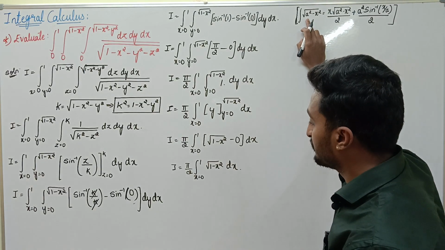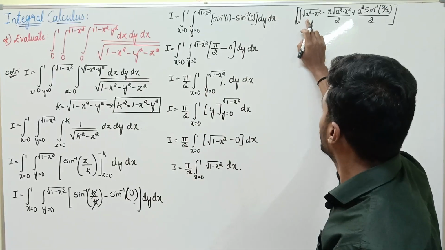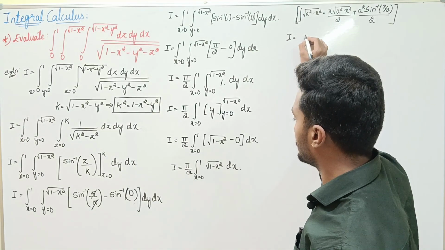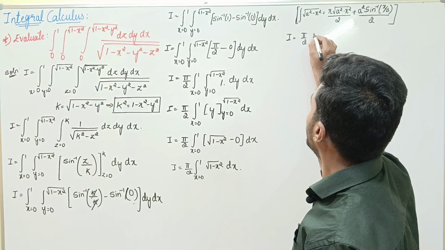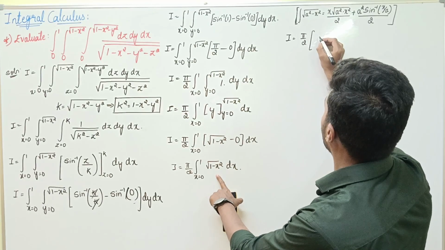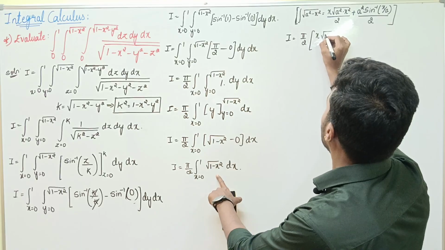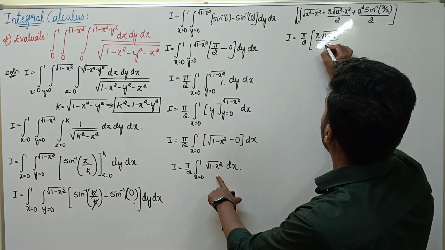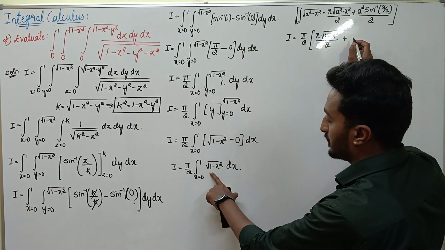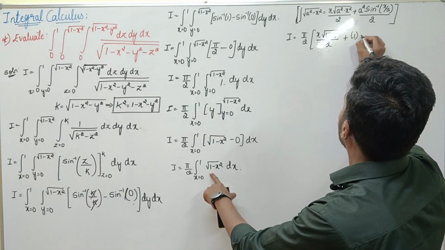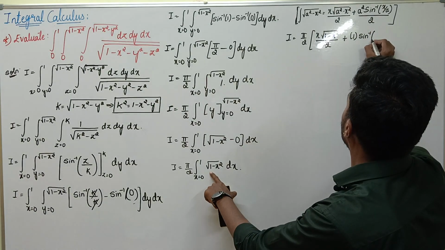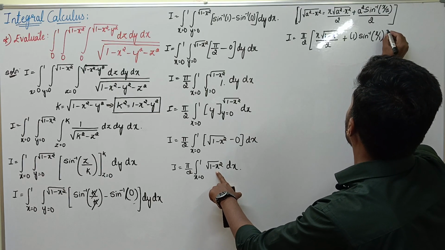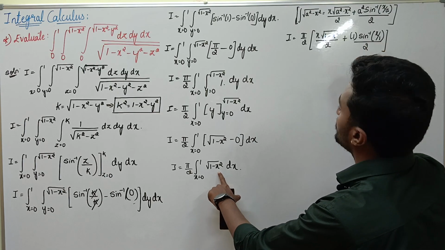Now, in place of a, we have 1 square, and in place of x, we have x. Just simplify. I is equal to pi by 2 into x, in place of x we have x itself, x into root of 1 minus x square divided by 2 plus, in place of a we have 1, into sine inverse of x by a, that is 1, whole divided by 2.